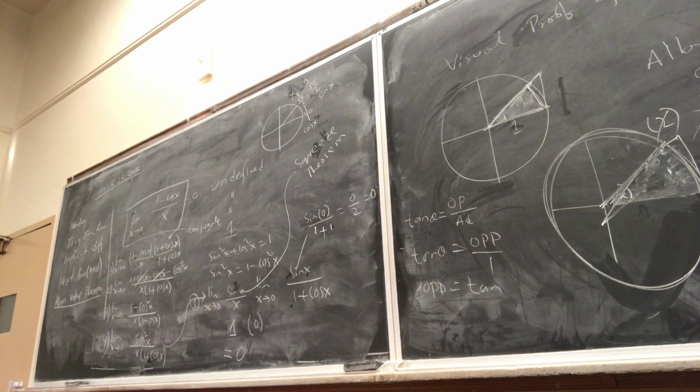If x is not a, and g of x is less than f of x is less than h of x, and if the limit as x goes to a, in this case 0, of g of x is 1, and the limit as x goes to 0 of h of x is 1, then the limit as x goes to 0 of f of x is 1.